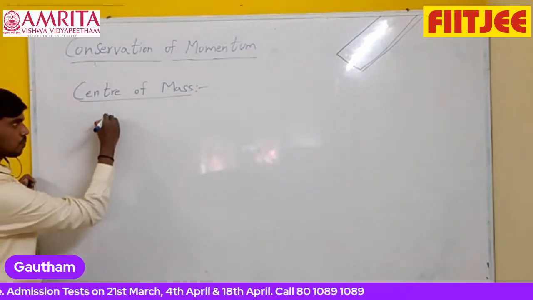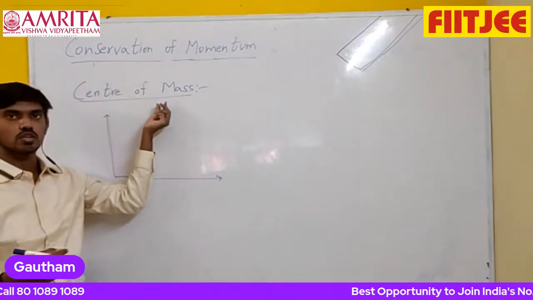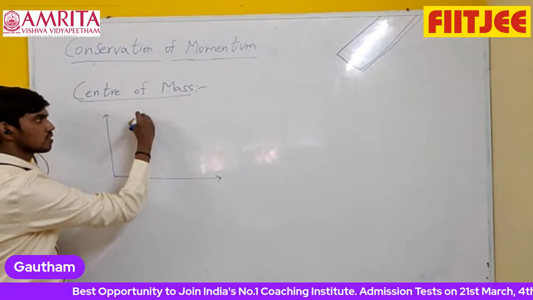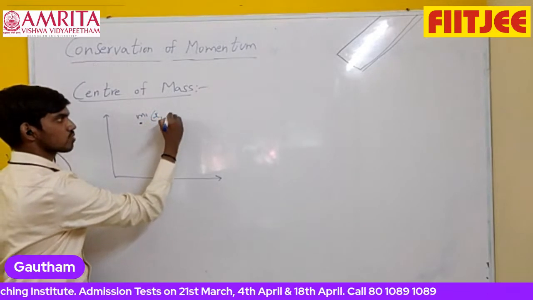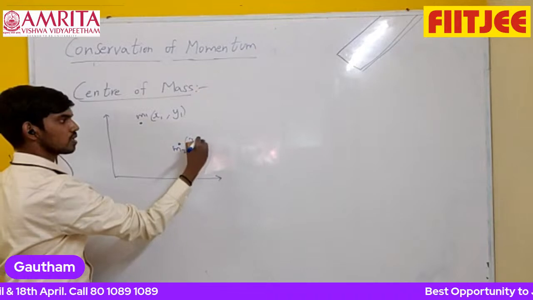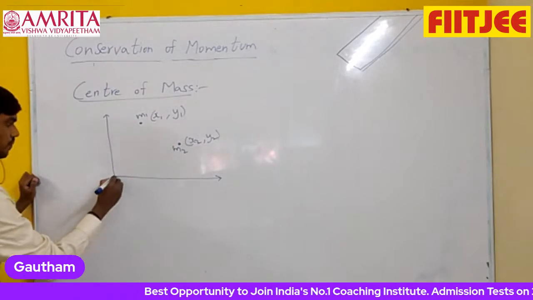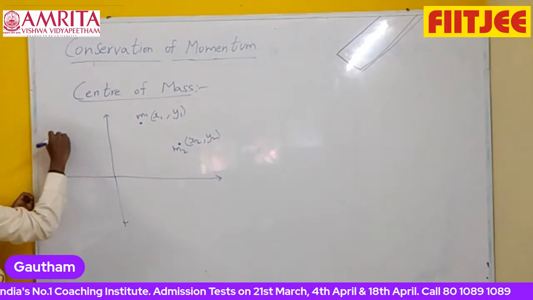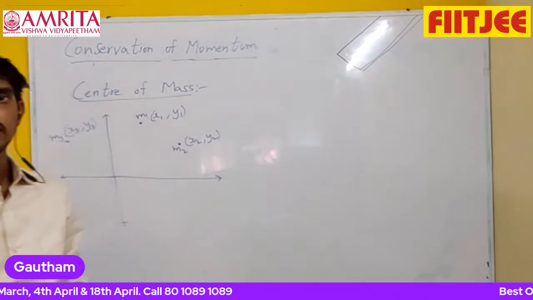So when you have multiple point masses, the center of mass is located with respect to some reference, an origin, x-axis, and y-axis. Particle m1 is present at some point, having some x coordinate x1 and y coordinate y1. m2 is another particle with x coordinate x2 and y coordinate y2. m3 is another particle with x coordinate x3 and y coordinate y3. x and y can be positive or negative.